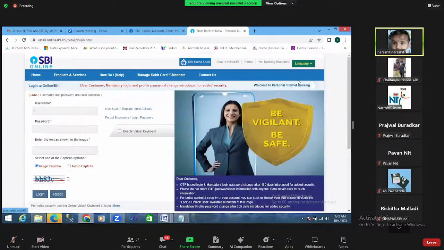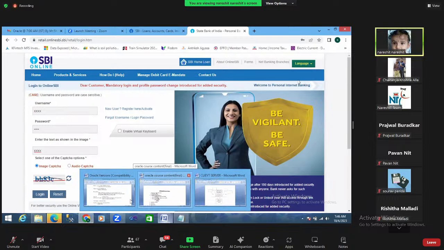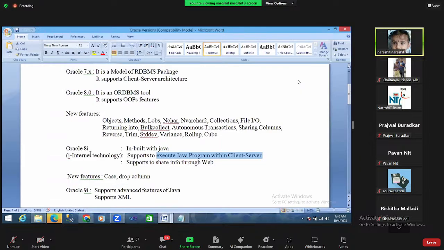This is the web application, guys. Now here I am passing username, password, and captcha. Once you click on this login button, the request goes to the backend. So whatever input you pass through this web application, the request goes to the backend Oracle database. Minimum 8 is required.